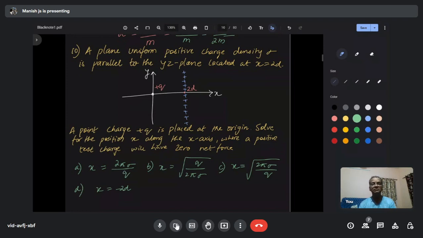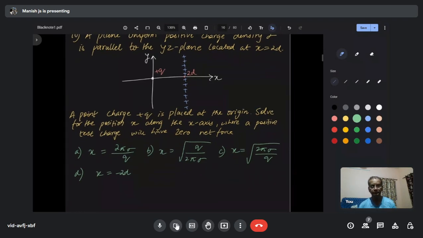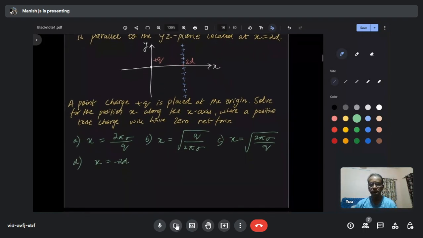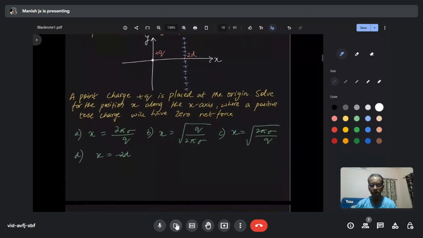Fine. So the approach is different here in this question. With respect to the origin, the charge is plus q, and at a distance of 2d we place a test charge to study the force experienced by the test charge. First we will try to understand that part.